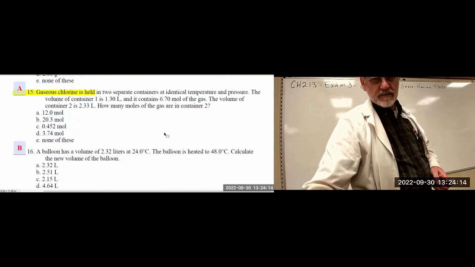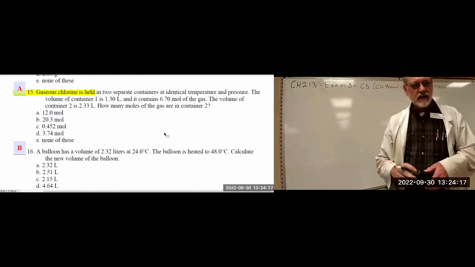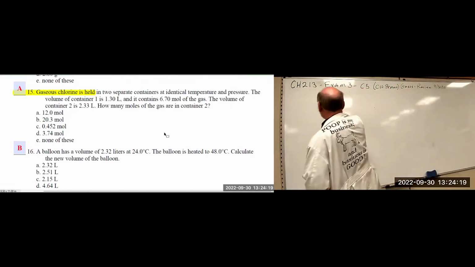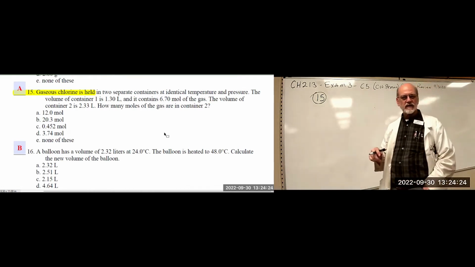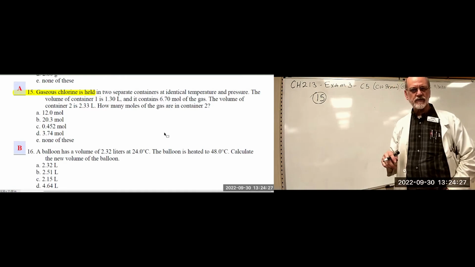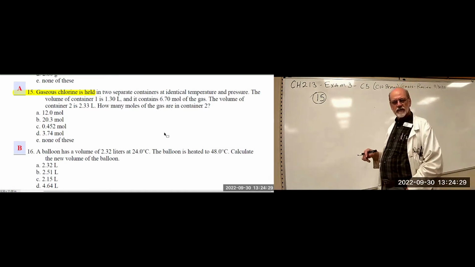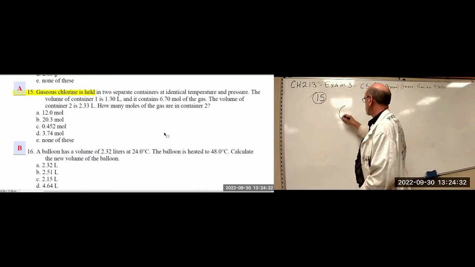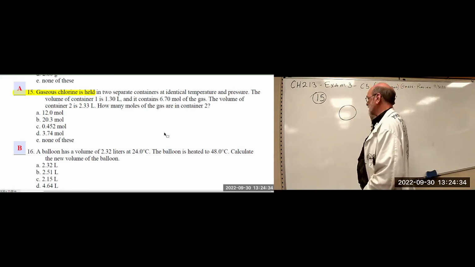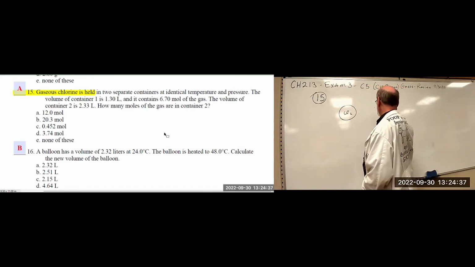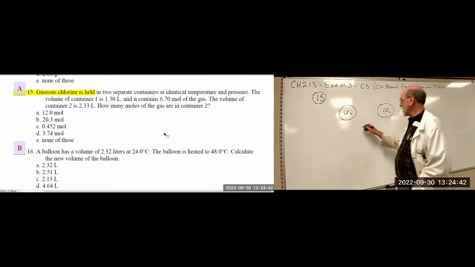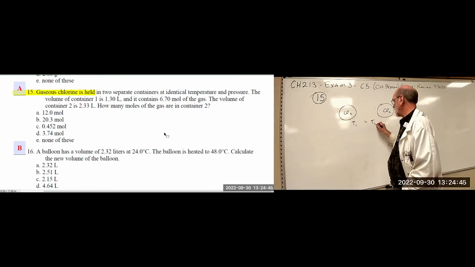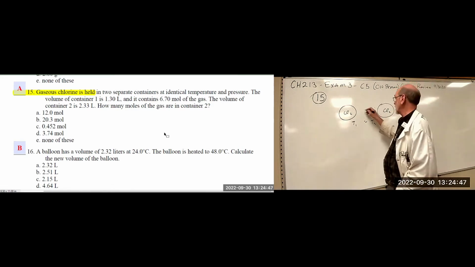All right, let's get out of these easy ones and actually solve some problems. 15. Gaseous chlorine is held in two separate containers at identical temperature and pressure. We don't know what the volume is on these containers yet, but they both have chlorine in them. Their temperatures are identical, and their pressures are identical.